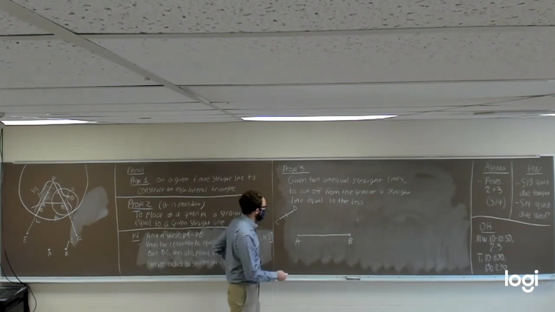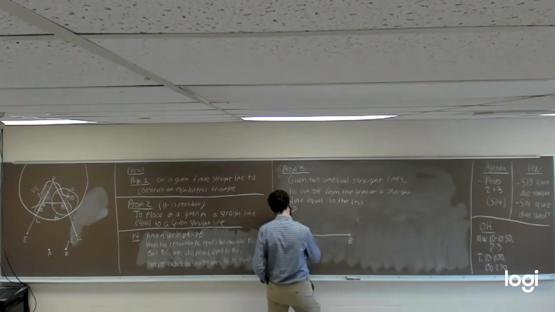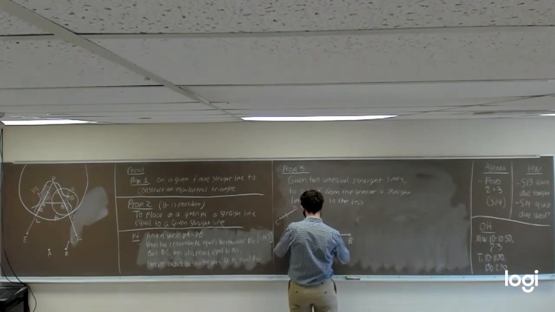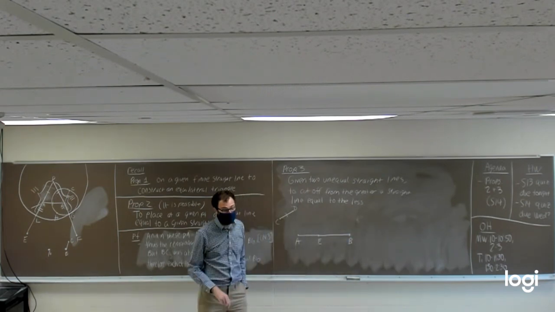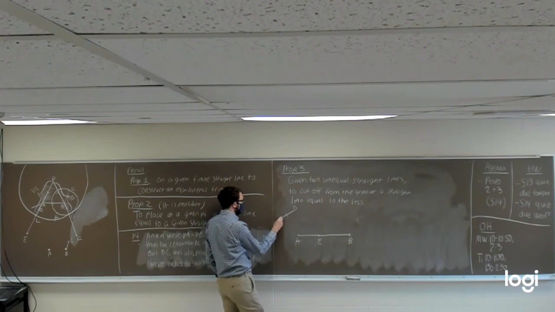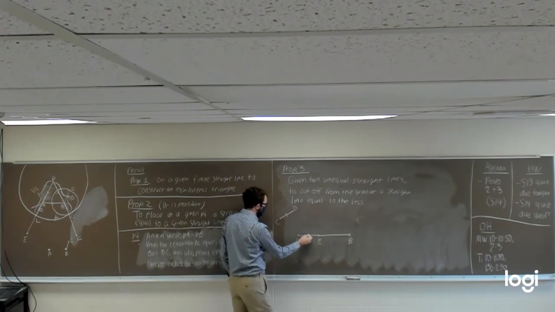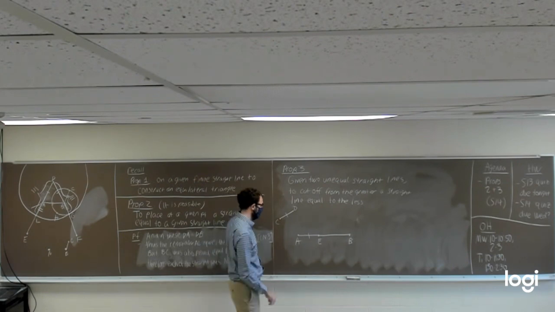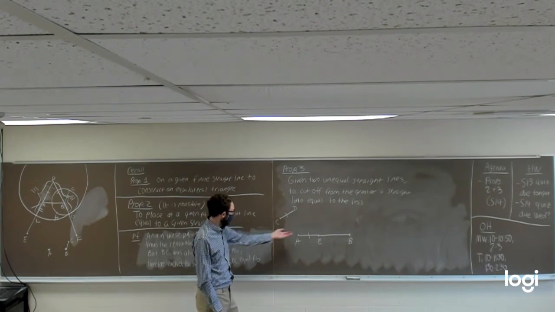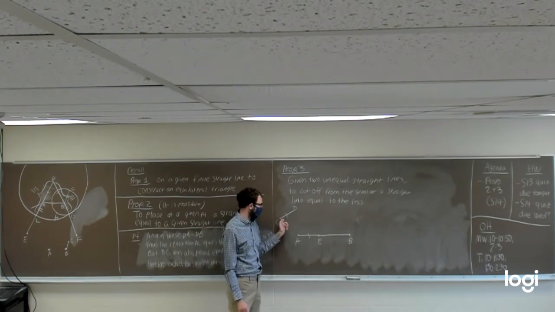Therefore, according to this proposition, you can find some point, here-ish, on the line AB, such that the length of the segment from A to that point is equal to the length of the segment from C to D. Given two lines, one of which is longer than the other, you can cut off the longer line at a point for which this piece is equal to this one.